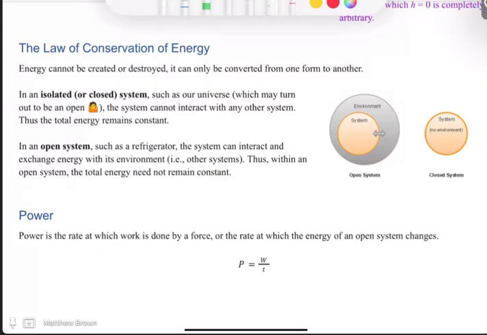Whereas in an open system, look at something like a refrigerator, the system can interact and exchange energy with its environment, i.e. with other systems. Thus, within an open system, the total energy need not remain constant. It can release energy into the environment around it, or it can get energy from the environment around it.